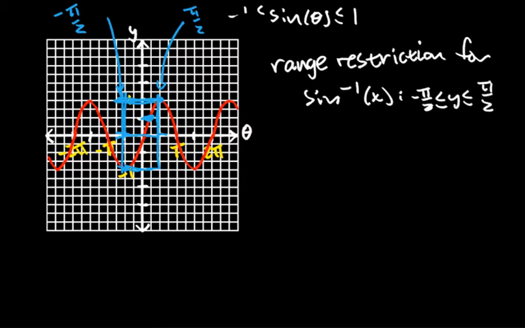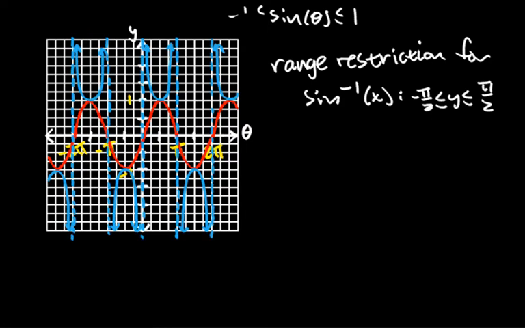Alright, so how about cosecant then? So that's what that looks like. Let's get rid of the sine graph and think about what we can do with this thing. Cosecant is going to be above or equal to 1 and -1. So we want to get all the angles that make all the infinite values like that.